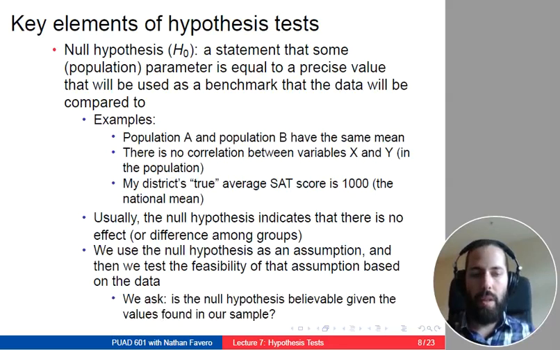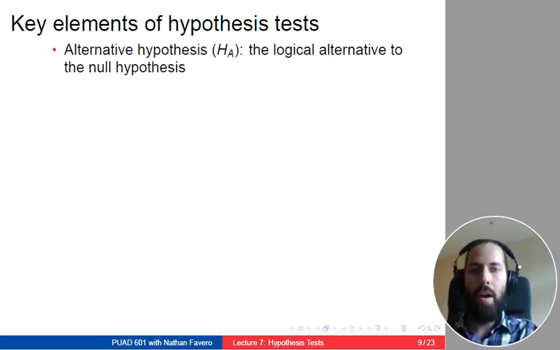Intuitively, what we're doing with a null hypothesis, whenever we run a hypothesis test, is we're asking the question, is the null hypothesis believable given the values that we found in our sample? Remember, the null hypothesis is a statement about the population. And so we're looking at our sample and saying, based on this sample, is it plausible to believe that whatever the null hypothesis says is true about the population? All right.